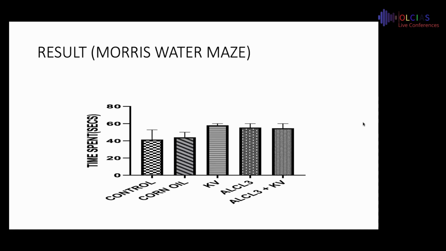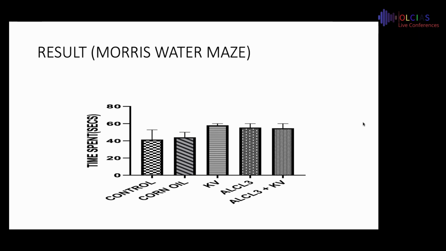The Morris water maze. The basic concept about this behavioral test is that any animal that fails to locate the escape platform that we have placed in the middle of the circular basin has lost its memory processing ability. We can see here that the control group located the platform within a shorter period of time.